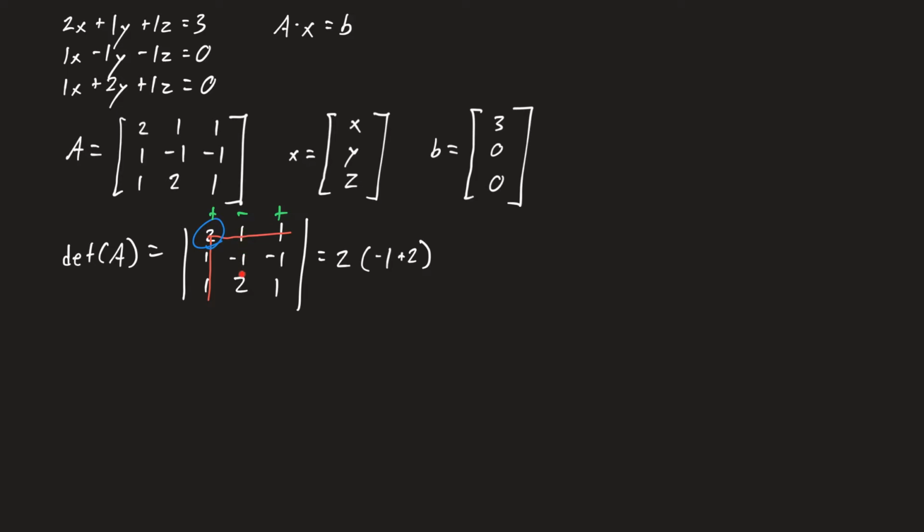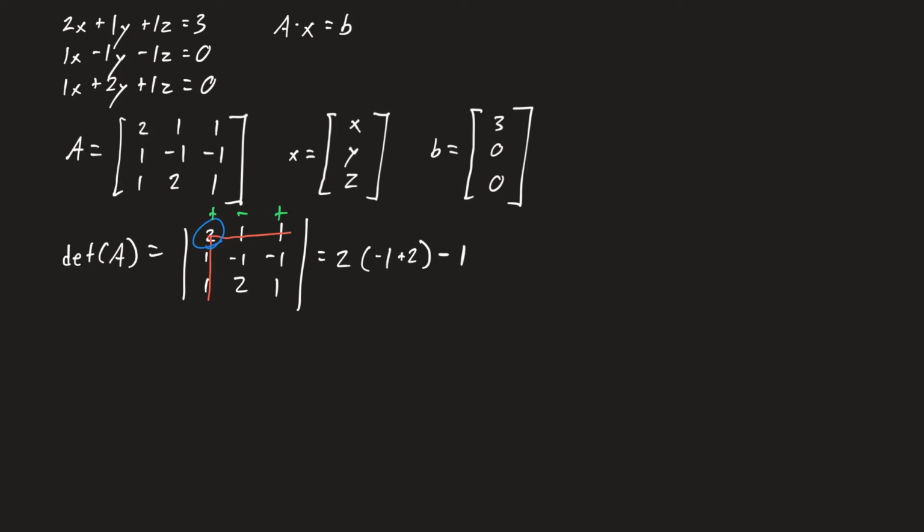So next I'm going to go down to the second column. And remember, the first row is always crossed out. Don't get it twisted. It's always crossed out. The second column now is being focused, and it's going to start off with a negative. So this is a negative, and the coefficient here is a 1.